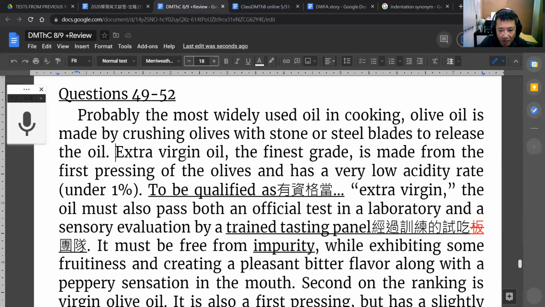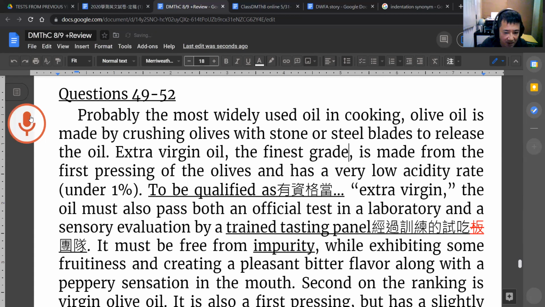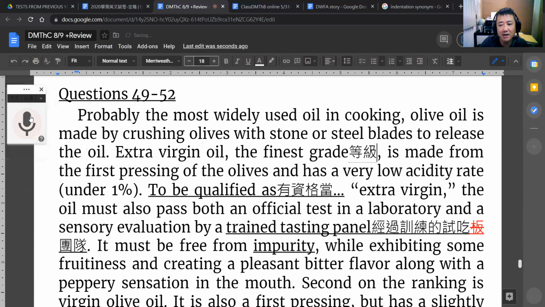Extra virgin oil, the finest grade, the 等级, 等级. The finest grade, the best grade, the best 等级, is made from the first pressing of the olives and has a very low acidity rate, under 1%.